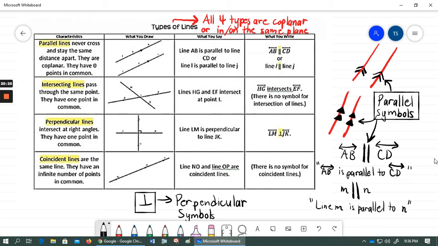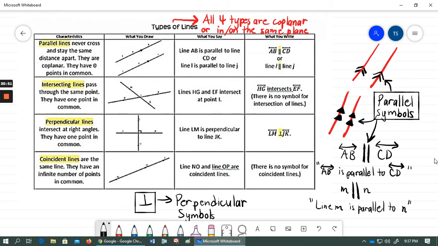We talked about corresponding angles, alternate interior angles, alternate exterior angles, and consecutive interior angles, also called same side interior angles. Those angle pairs are formed when two lines are cut by a transversal.